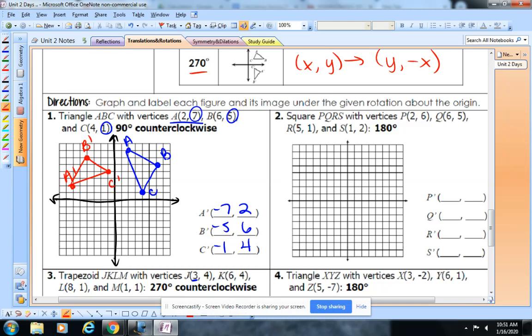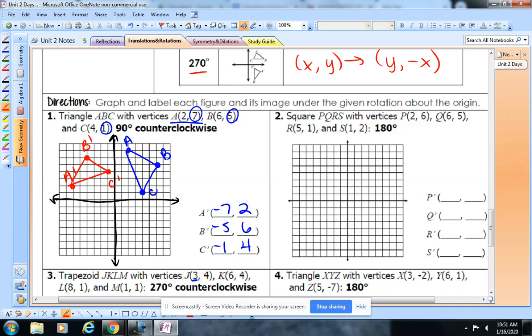So it's like you take your original figure and you do a quarter turn. Does that make sense? A quarter turn. So you can tilt your paper that way. Tilt your paper like this. And you can see how it maps onto it. Does that make sense?